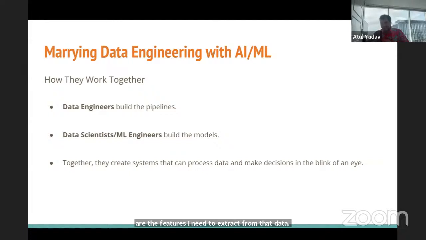So accordingly data engineers will modify their scripts and get those features extracted, right? Whereas ML engineers will make sure that the model is seamlessly deployed to production, which is the case in the industry.